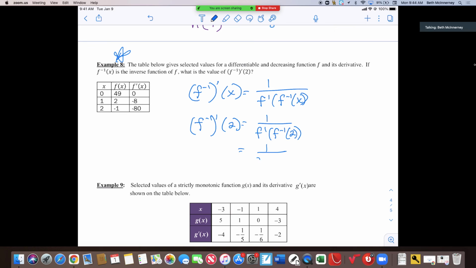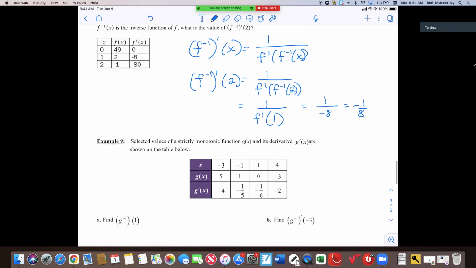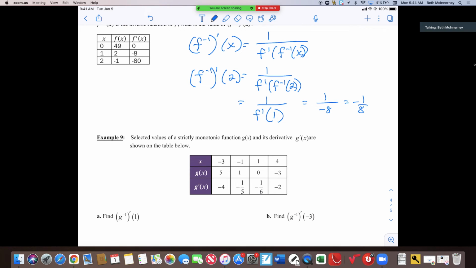Okay, so I don't have a column for f inverse, but do you understand that f inverse of 2 means on the original function, what was y? Y is 2, and I'm trying to find that x value, so that would be 1. So that's 1 over negative 8, which is negative 1/8. All right, then if you haven't already, go ahead and move forward on example 9. Try those two using a new set of tables.